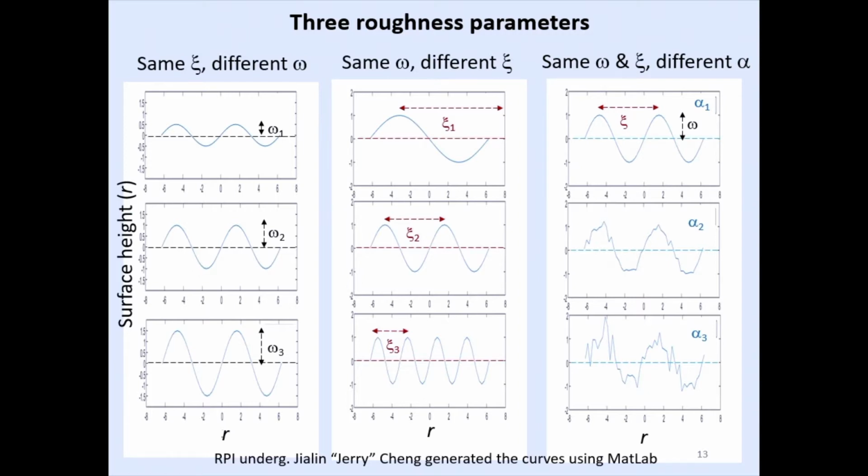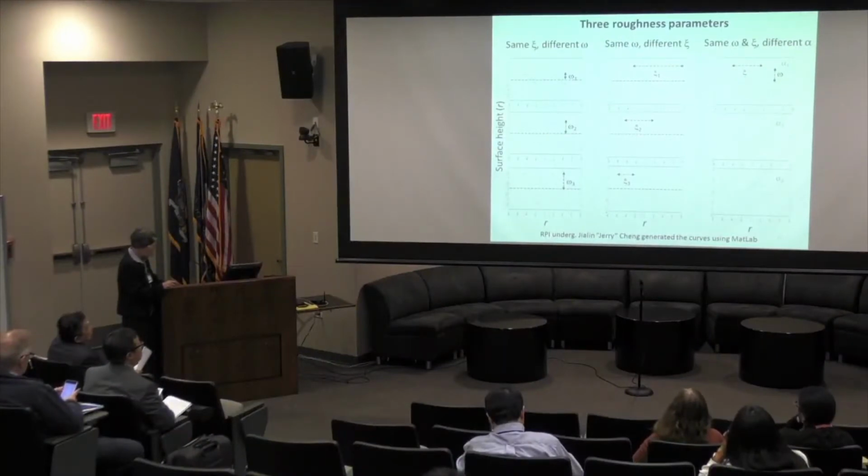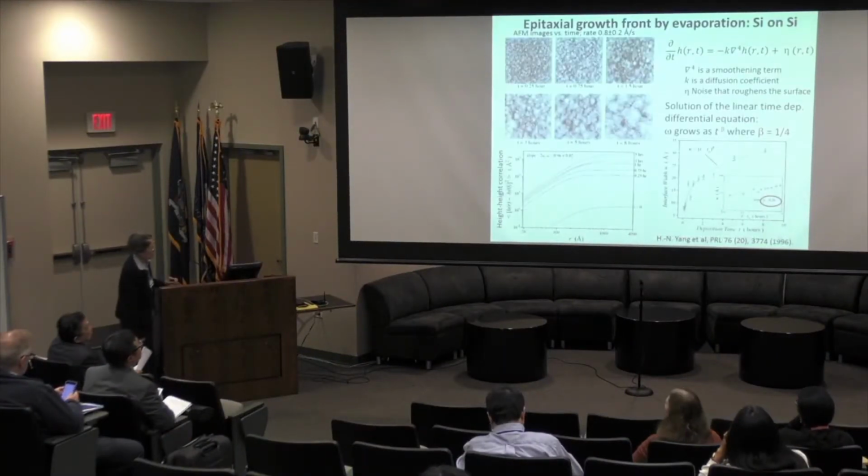In this case, you have the same vertical roughness, same lateral correlation length, but locally, if you look at the local roughness, this is smoother, this is less smooth, this is very rough. So the message here is that if you go beyond just looking at vertical roughness, you can get much more information. Okay, the last slide I want to share with you is some old work.